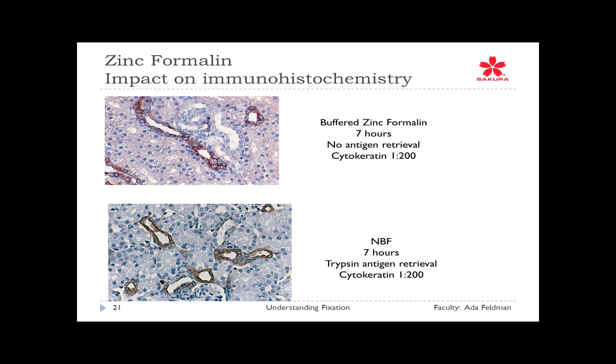They both were diluted to the same amount, but take a look. The buffered zinc formalin did not have to go through the step of antigen retrieval. We still had to do it with the neutral buffered formalin. It's only because with the buffered zinc formalin, the methylene bridges that hide our epitopes are minimally there, and the antibody was able to find the site.